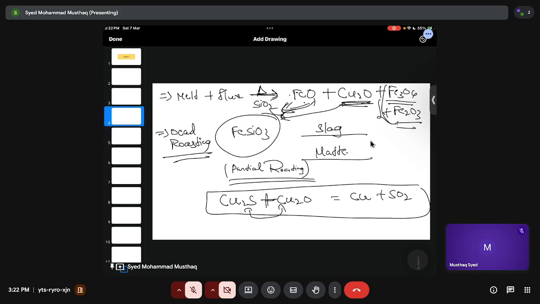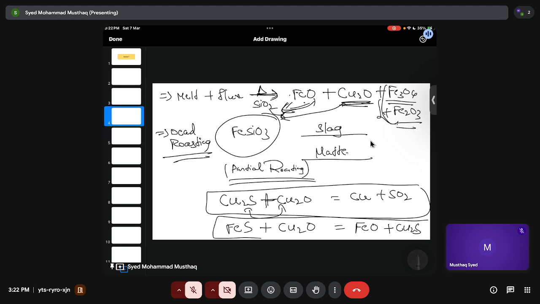There is also a reaction where, if you do the partial roasting, some FeS will be remaining, and that FeS will react with the copper oxide that was formed, and form FeO plus Cu2S.